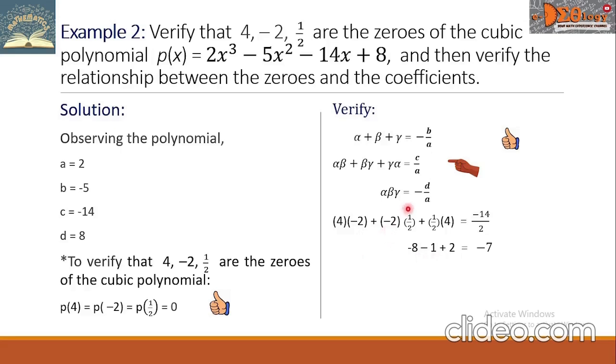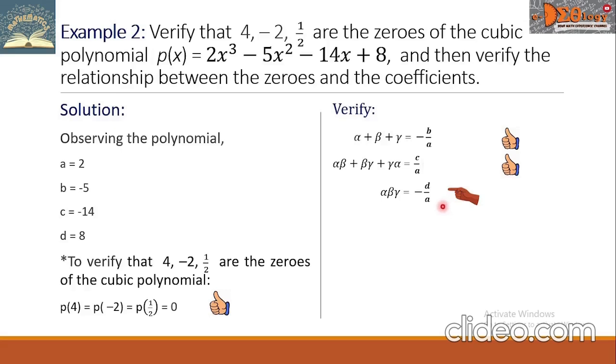Then negative 2 times 1/2 will give negative 1. 1/2 times 4 is positive 2 equals, we simplify this fraction as negative 7. When we simplify the left side, it will give us negative 7 that is equal to the right side. Therefore, we're able to verify the second relationship.